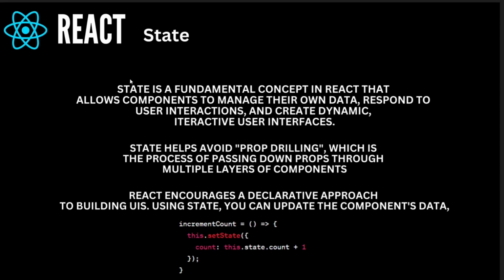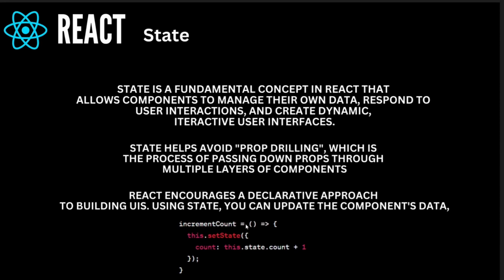State helps to avoid prop drilling, which is a process of passing down props through multiple layers of components. React encourages declarative approaches to building user interfaces. Therefore, using state, you can update the component's data in real time within the DOM. An example of state is given below.